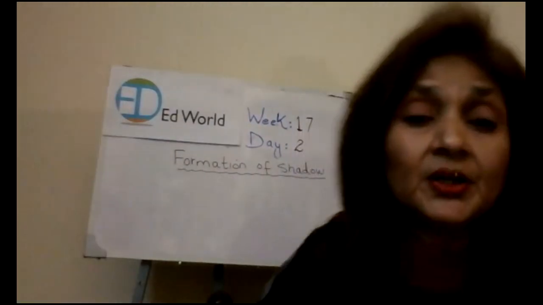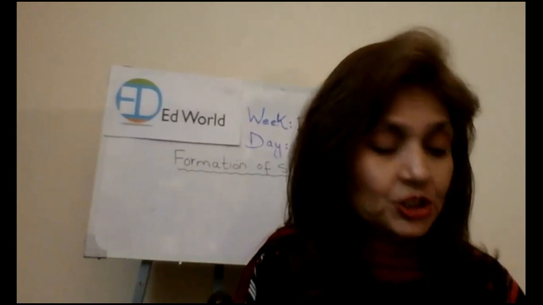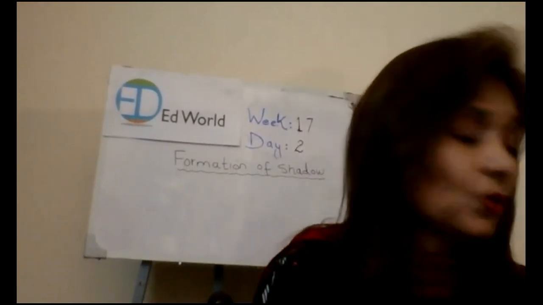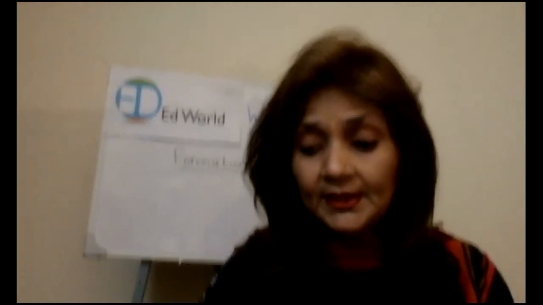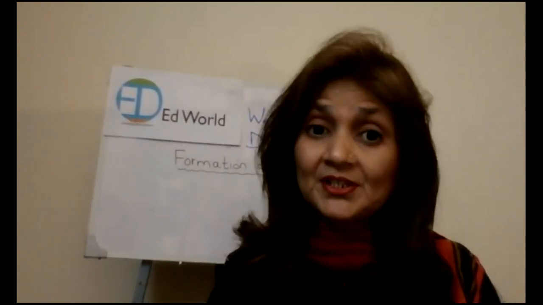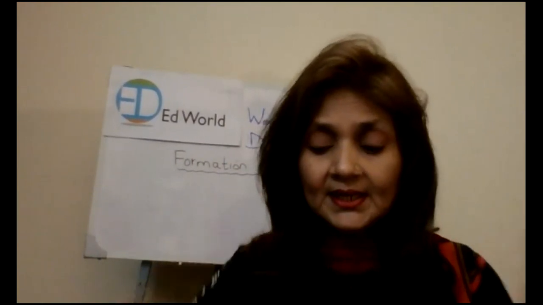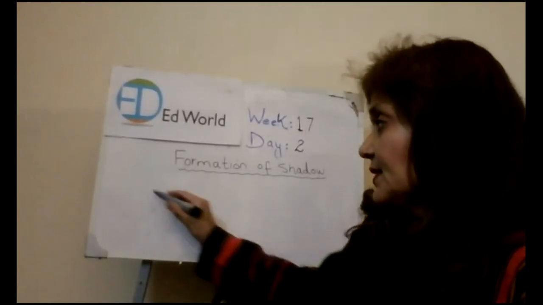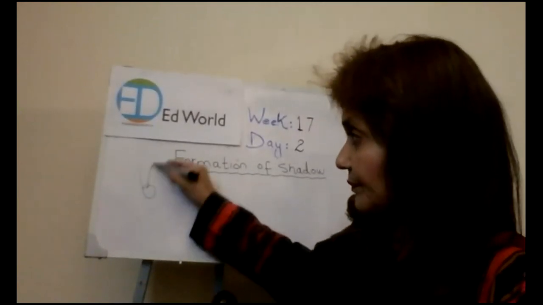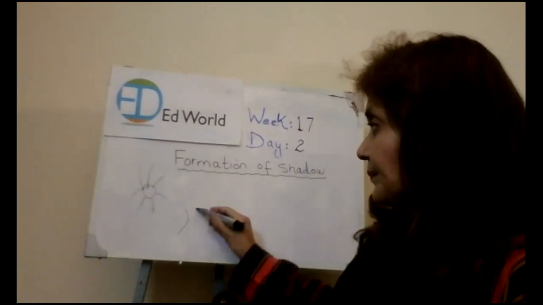This is what we are going to learn in this class today, about how a shadow is formed. Now, whenever you stand in the sun, what happens? You look down and you see your shadow in front, right? Suppose this is the sun, and here is the tree.